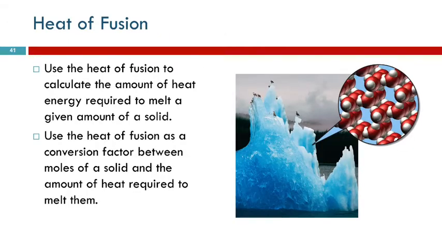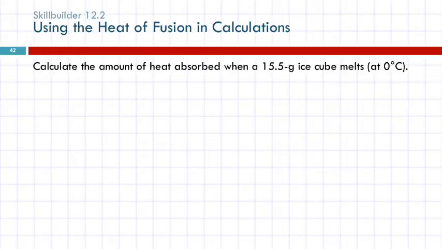So we can use the heat of fusion to calculate how much energy is needed to melt a given substance. It's a conversion factor between moles of solid and the amount of heat needed to melt those moles. So calculate the amount of heat absorbed when a 15.5 gram ice cube melts at 0 degrees Celsius.